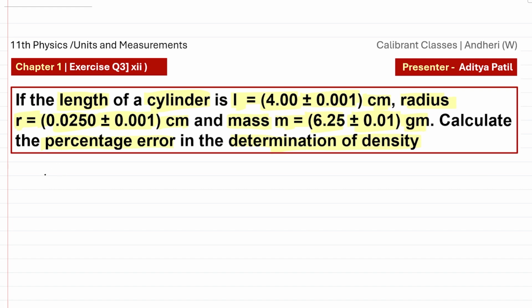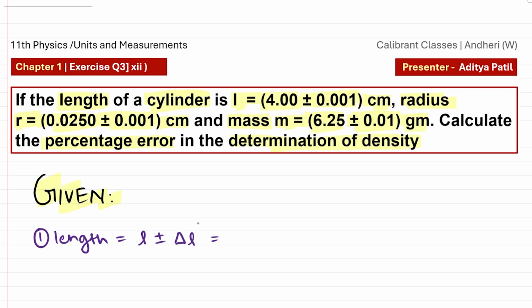First we will write all the given data in our given section. The first quantity given is the length of the cylinder. So let me quickly write length, and this is given to us in the format L plus minus delta L, as we have seen, where L is the mean value and delta L is the absolute error involved in length.